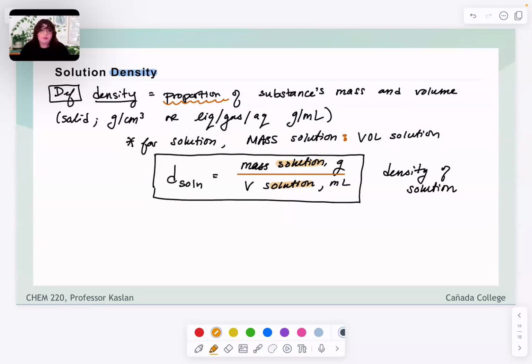Not a part of the substance, but the entire substance itself divided by its volume, or how much space that substance takes up. Because you'll see when we start talking about concentration, we're talking about piece or part over whole, solute over solution, solute over solvent. In density for solutions, we're talking about mass of the solution in its entirety per volume of the solution in its entirety.